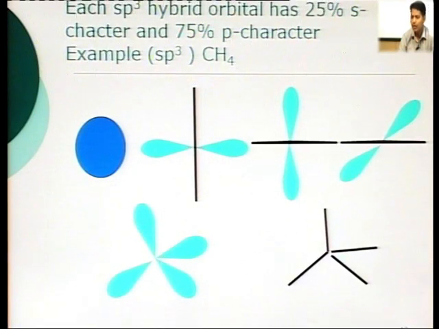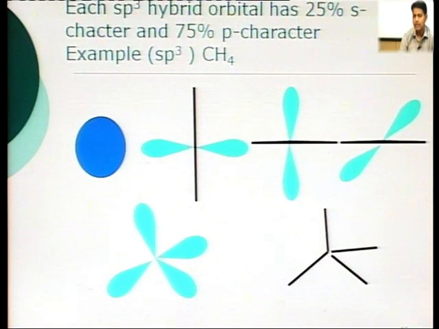The tetrahedral figure shown below has 4 orbitals, each orbital is sp3. Each orbital has 75% p character and 25% s character, and the shape is called tetrahedral. So, sp3 hybridization is also called tetrahedral hybridization.